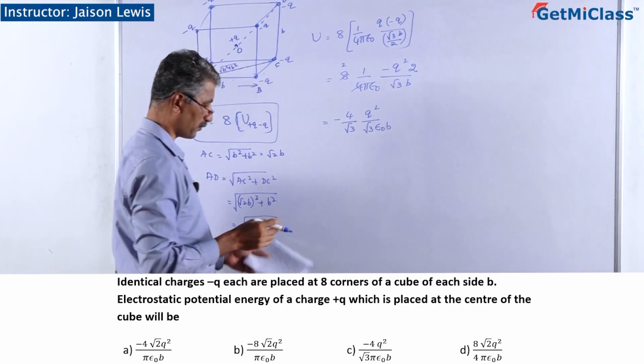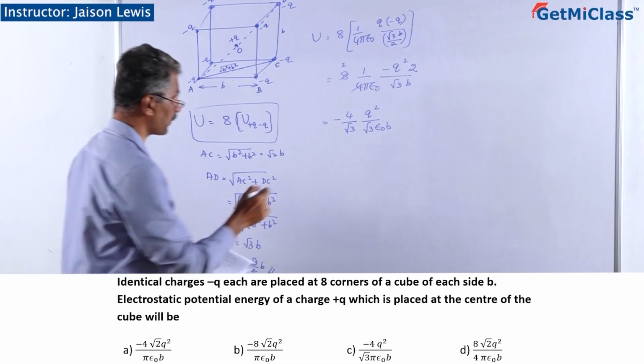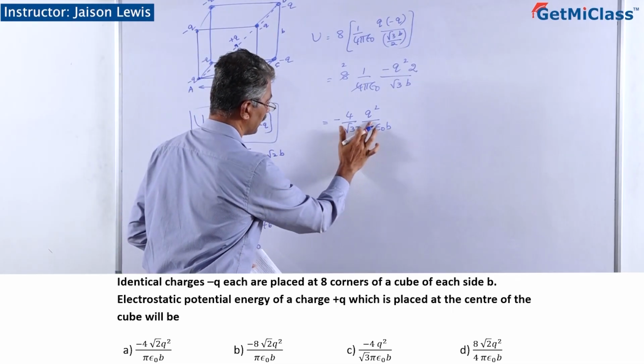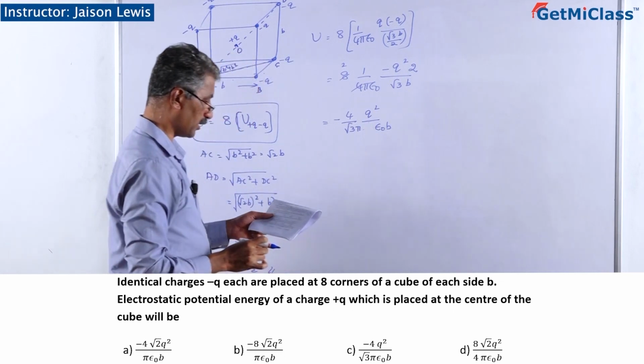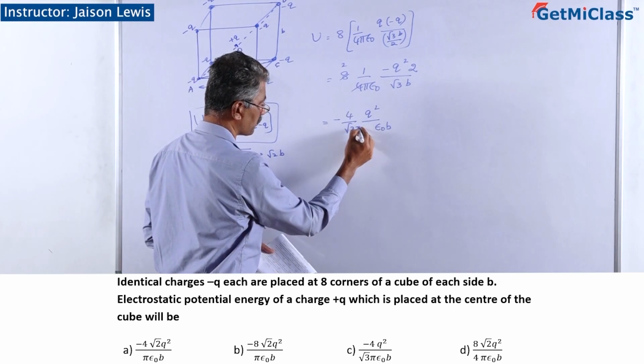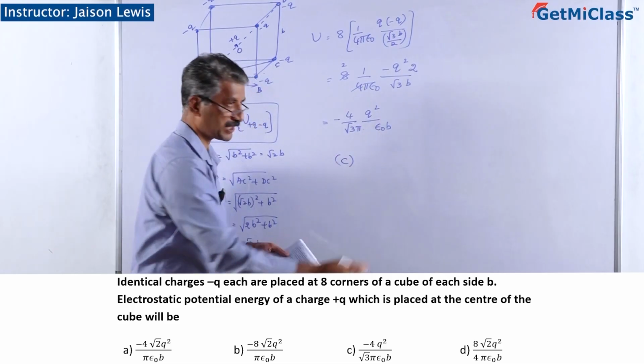Therefore the energy is minus 4 Q square by root 3 into pi epsilon naught into B, and that is given as option C. So C is right.